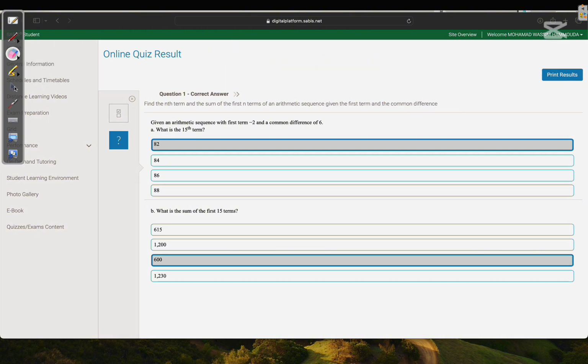Okay. Part B. What is the sum of the first 15 terms? S of n, which is the sum, is equal to n over 2 of 2 times the first value plus n minus 1 d.